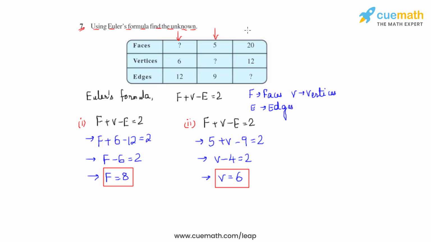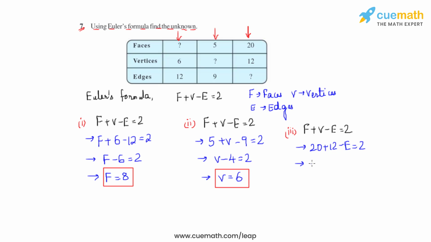Let us now consider the last column where we see that the number of faces and the number of vertices are given and the number of edges is the unknown. So again, taking Euler's formula, f plus v minus e is equal to 2, and we'll substitute the values which are given in the column. So 20 plus 12 minus e is equal to 2.